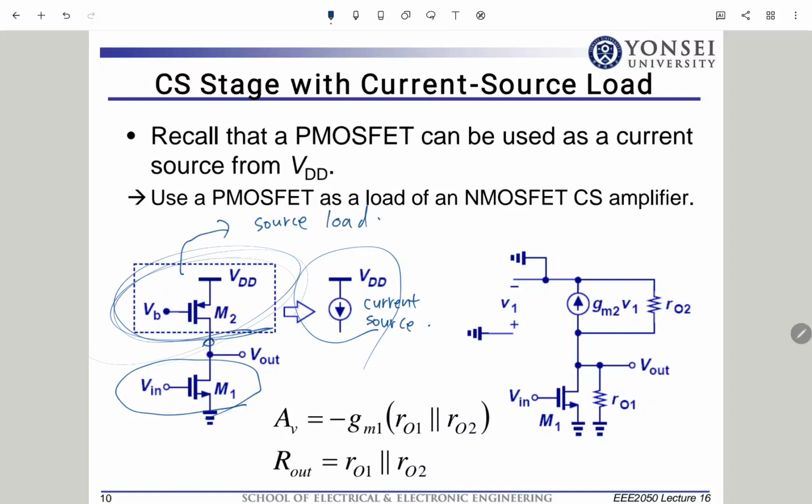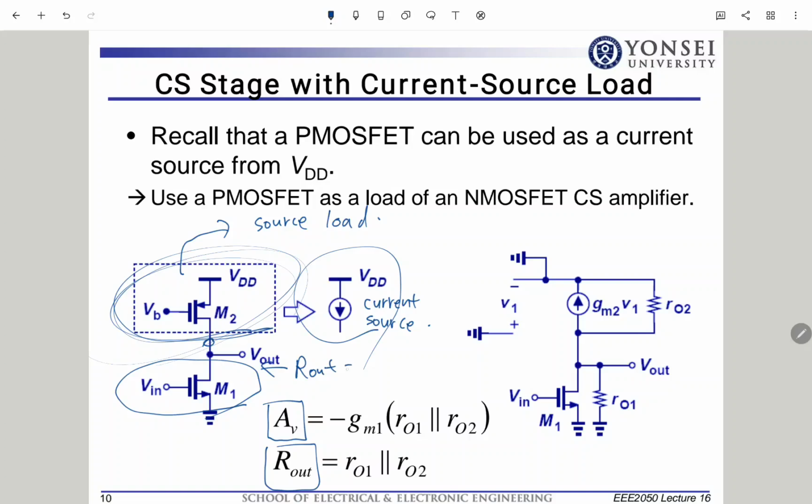Now, we'd like to find the small signal parameters, which are voltage gain and R out. What do we do? So here's the impedance seen from the V out side, which is R out.